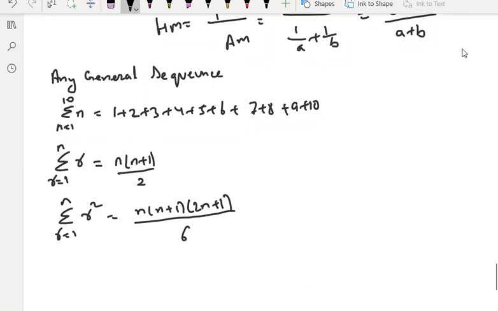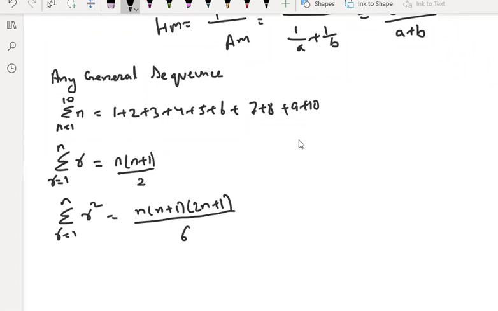Okay, very good. We can derive this, but for now we will just remember that this is a formula.